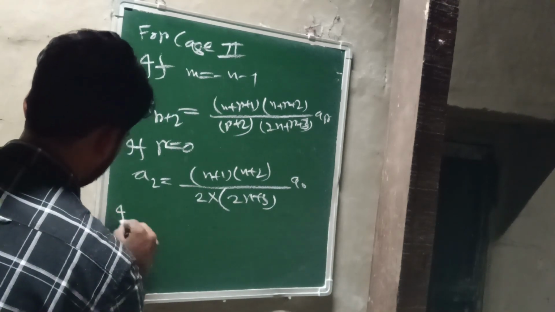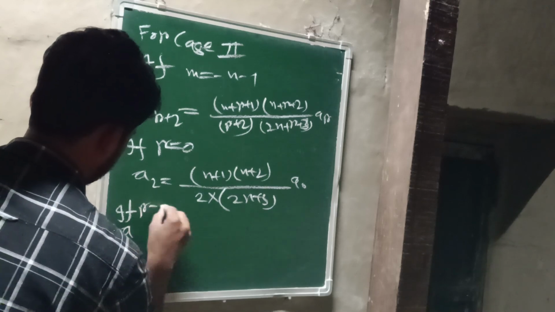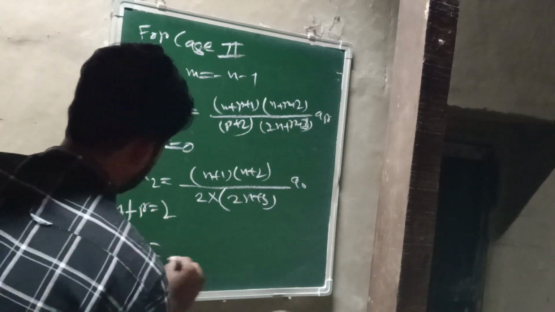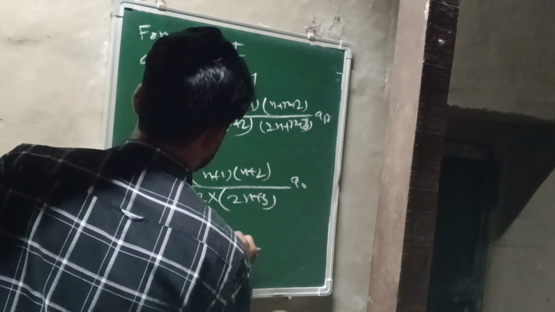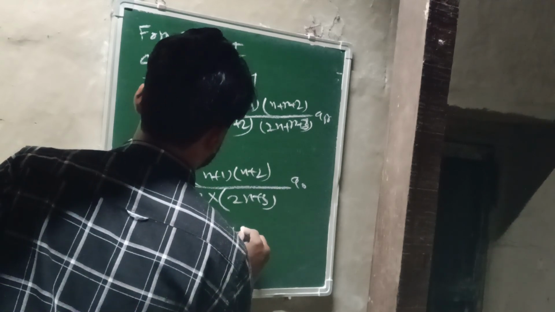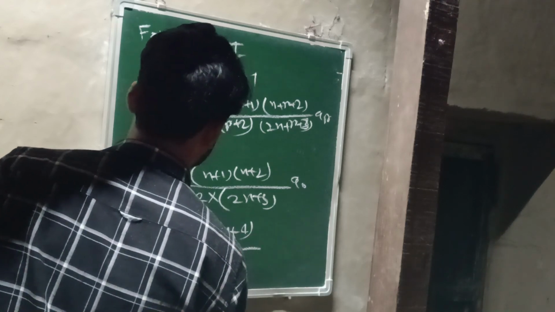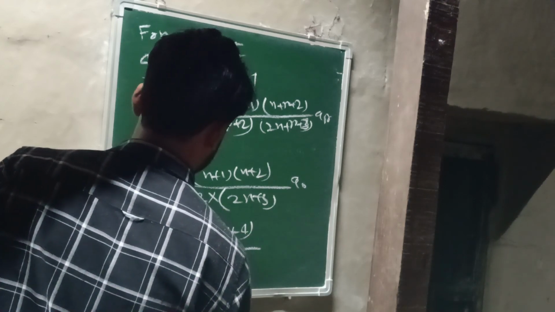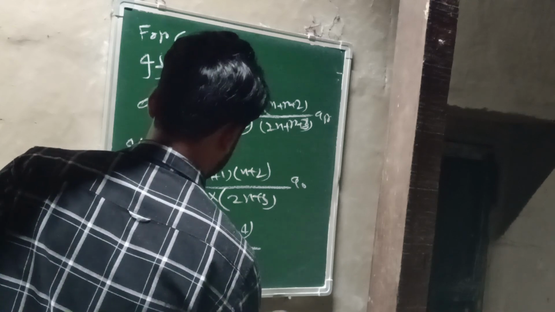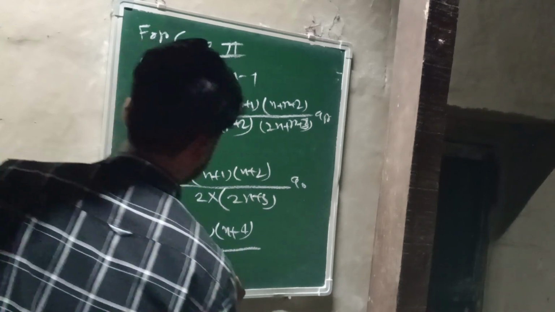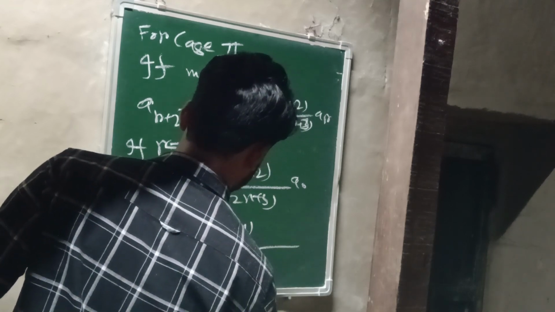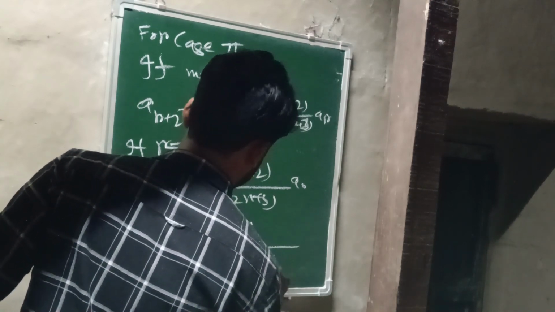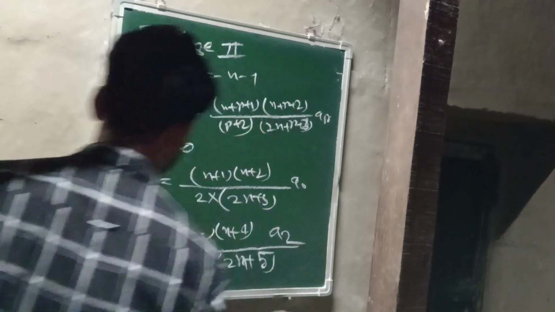And if r equal 2, then a4 equal (n plus 3)(n plus 4) divided by 4 into (2n plus 5) into a2.